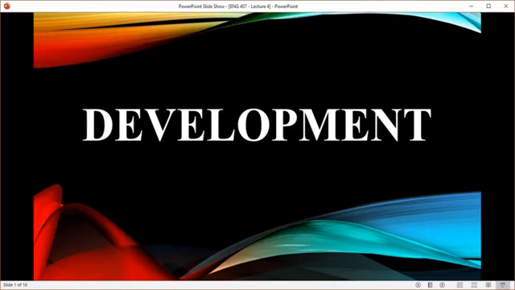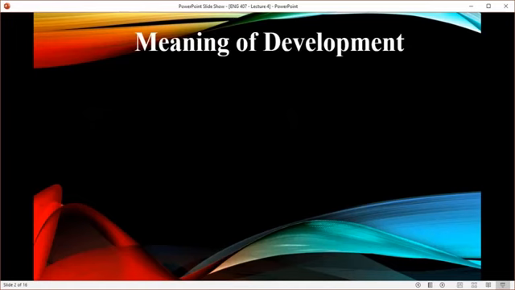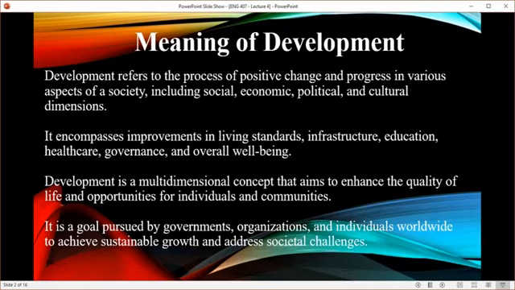We are going to look at the concept of development, what it means, what are the things that make up development, how can we identify that development has taken place. First, we want to look at the meaning of development. Development refers to the process of positive change and progress in various aspects of a society, including social, economic, political, and cultural dimensions.